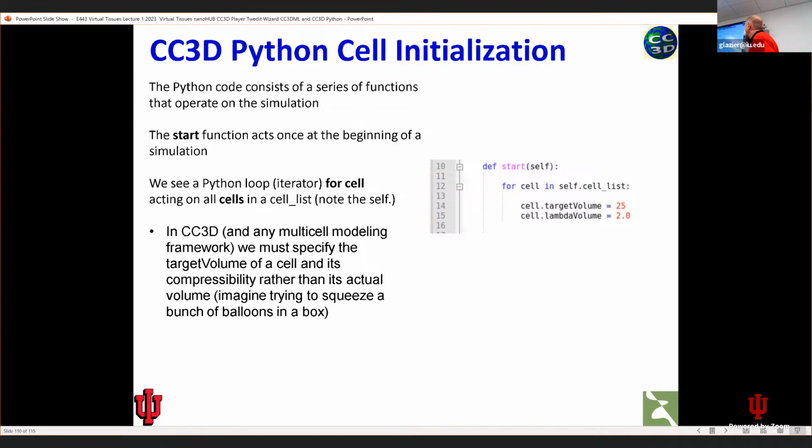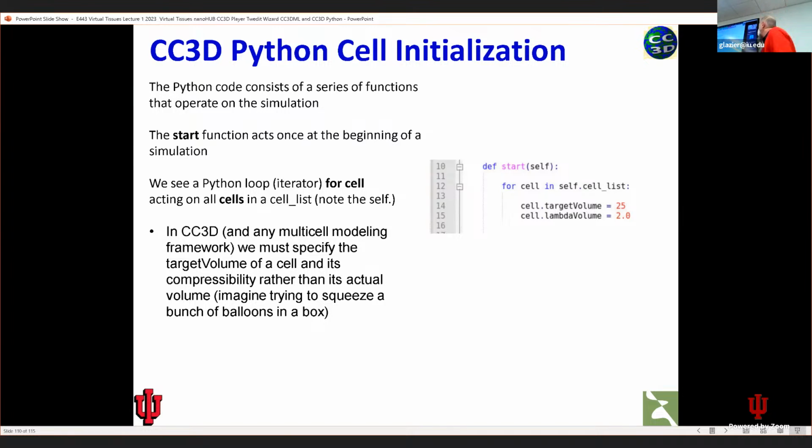In the start function, we have to do things like define how big our cells are going to be and how compressible they are. We don't get anything for free. So here we're saying our initial target volume for our cells is 25, and their compressibility factor is 2. And we'll talk next week about what those mean.